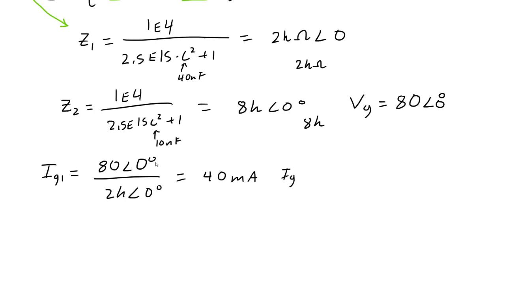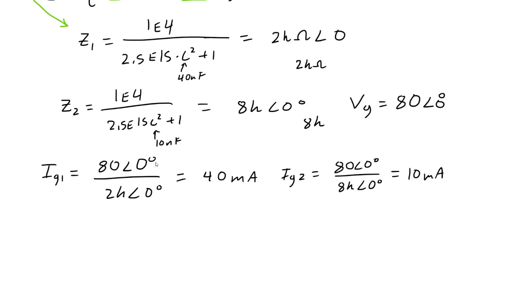And IG2 with the 10 nanofarad capacitor, we're going to have 80 phase angle 0 divided by 8K phase angle 0, going to be 10 milliamps.